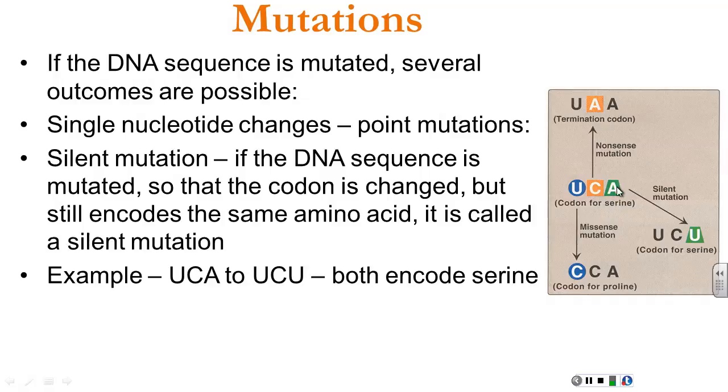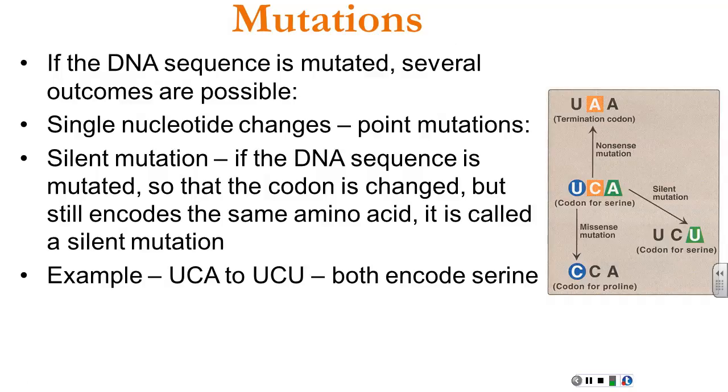If you look up in your genetic table, that codes for serine. If we change one of the nucleotides, if we change that A to a U, then what ends up happening? Well, if we look in the genetic code, it still encodes the same thing. It still encodes serine. So that's what's called a silent mutation.